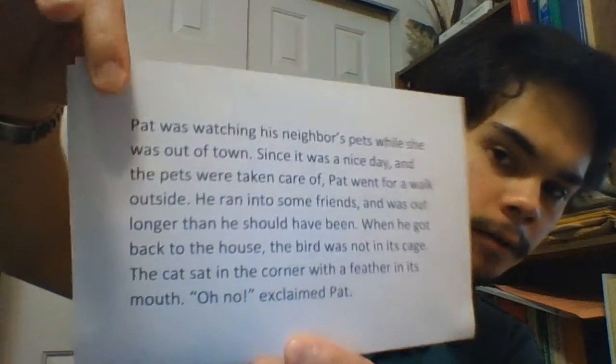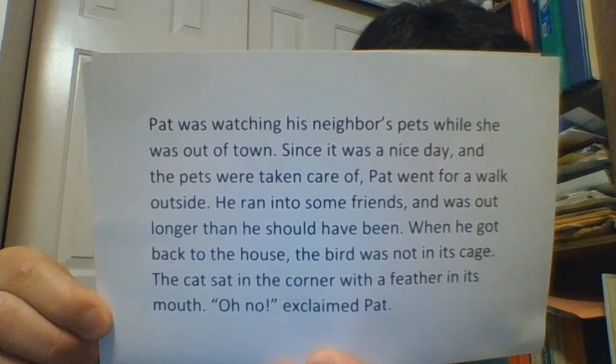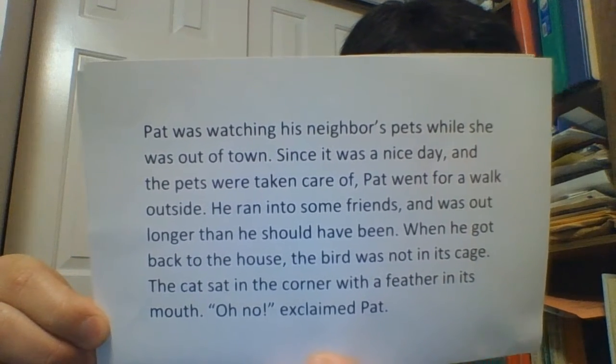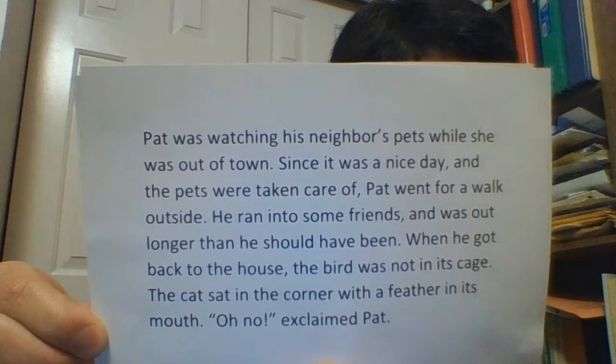So now we're going to try making inferences from reading actual paragraphs. As I read the paragraph, I want you to either read out loud with me or follow along in your head. From the beginning right here, Pat was watching his neighbor's pets while she was out of town. Since it was a nice day and the pets were taken care of, Pat went for a walk outside.